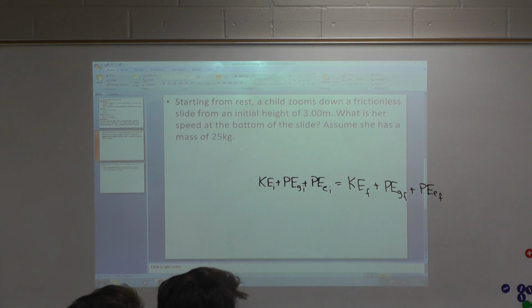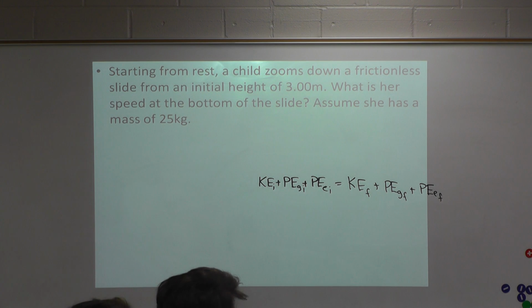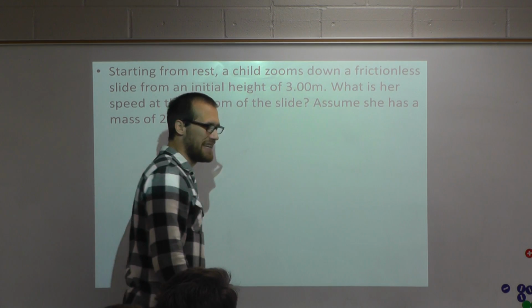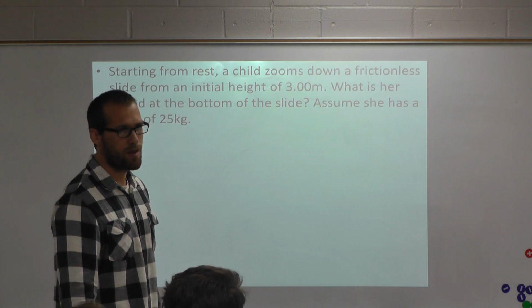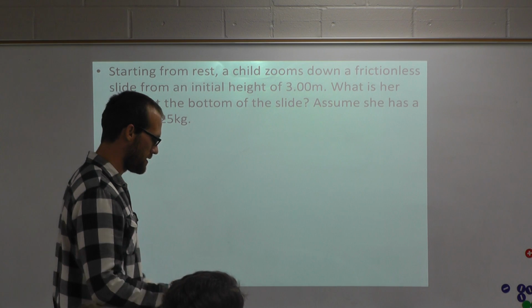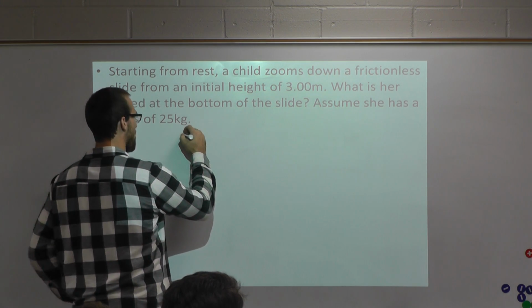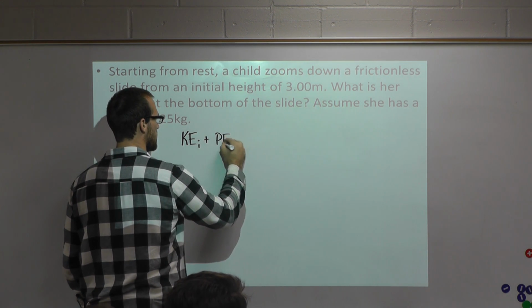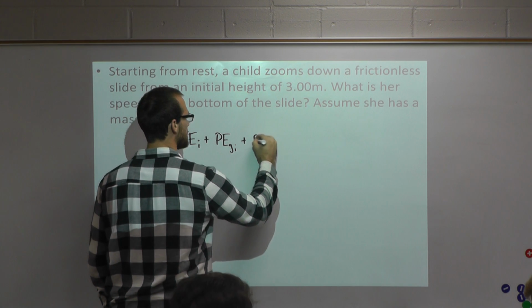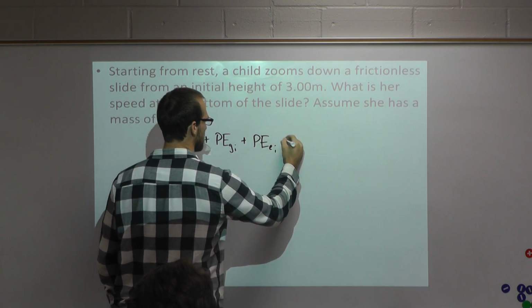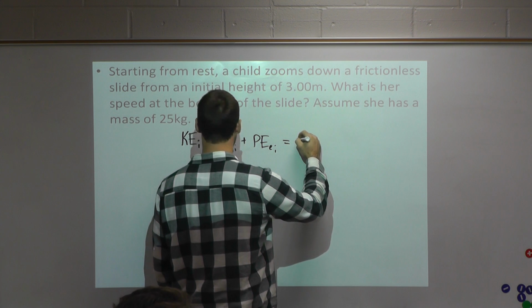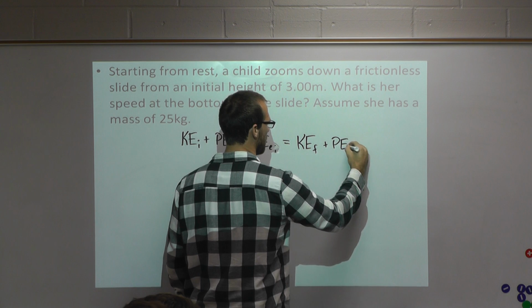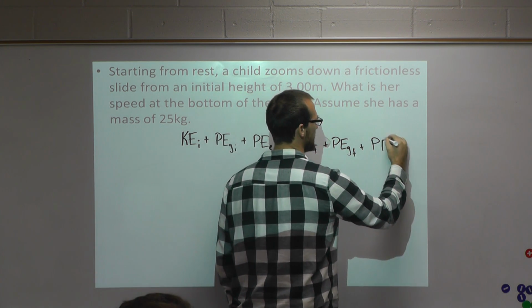Okay, problem number 1. We are going to use this idea that in a frictionless vacuum, mechanical energy is conserved. So the kinetic energy initial, plus the potential energy due to gravity initial, plus the elastic potential energy initial should equal the kinetic energy final, plus the potential energy due to gravity final, plus the elastic potential energy final.